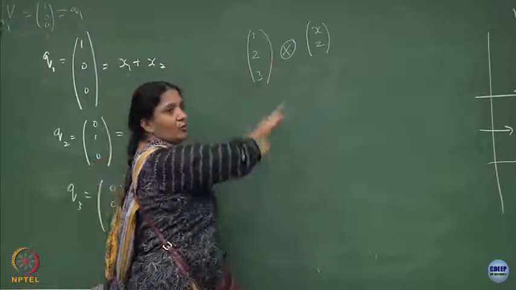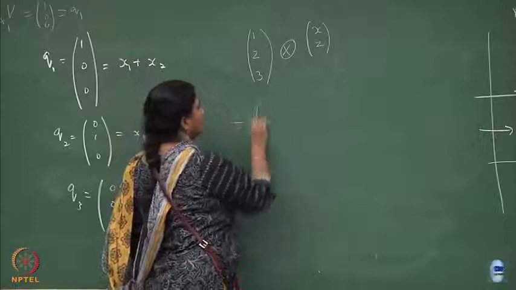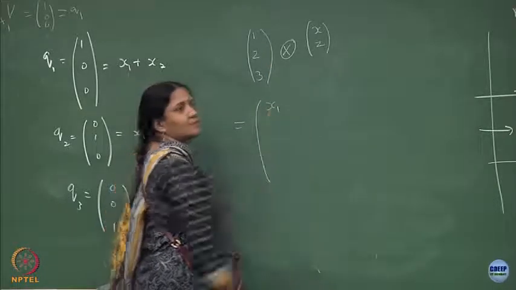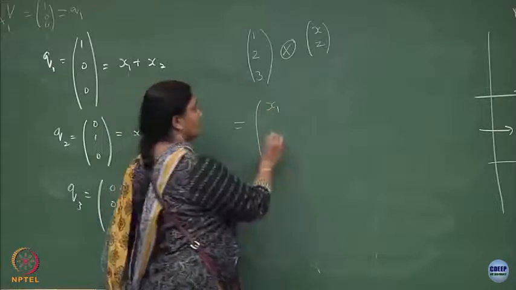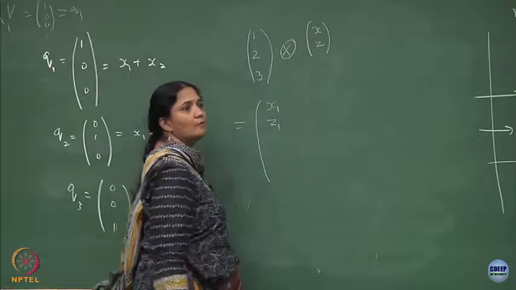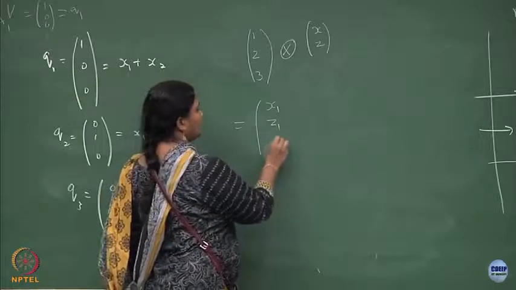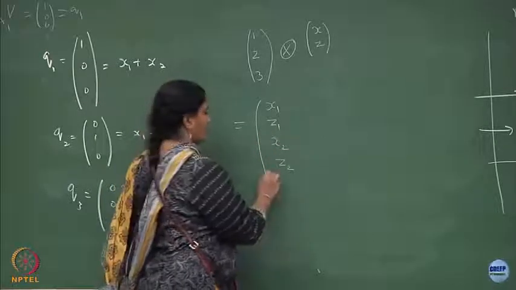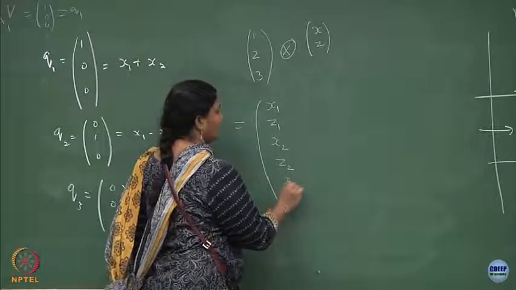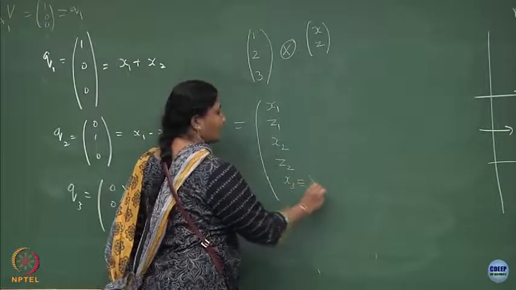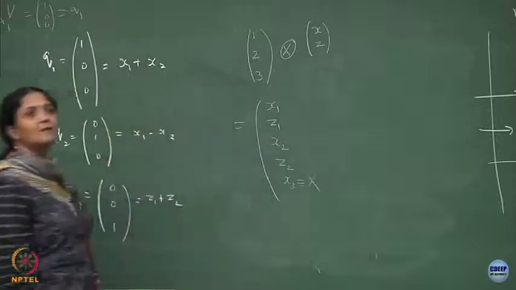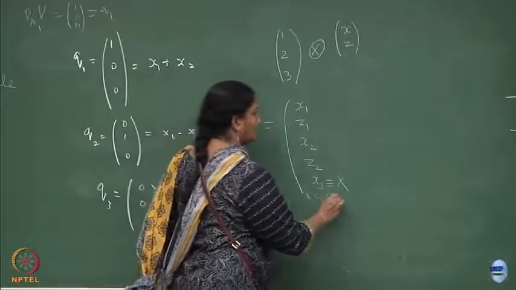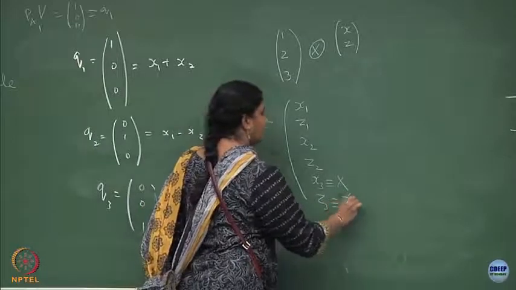If I write it in the long winding language, what is this? x1, and this one I am going to put it as a subscript. Okay, x2, z2, x3, which is what I am calling capital X, and z3, which I am calling capital Z.